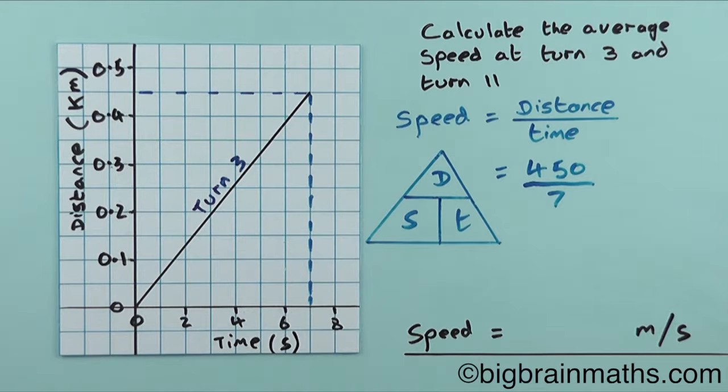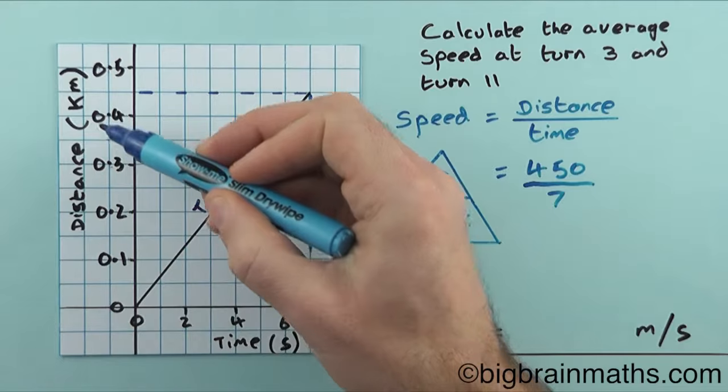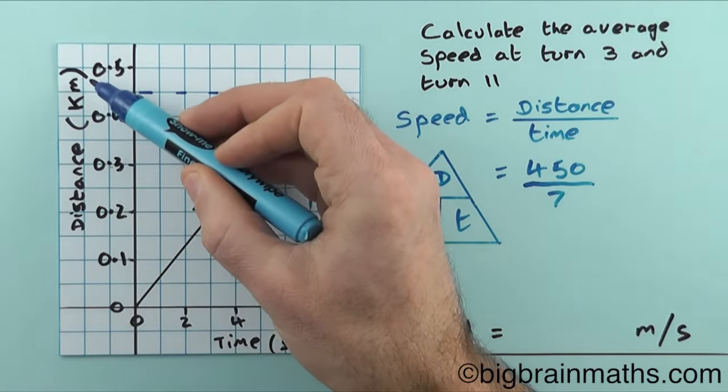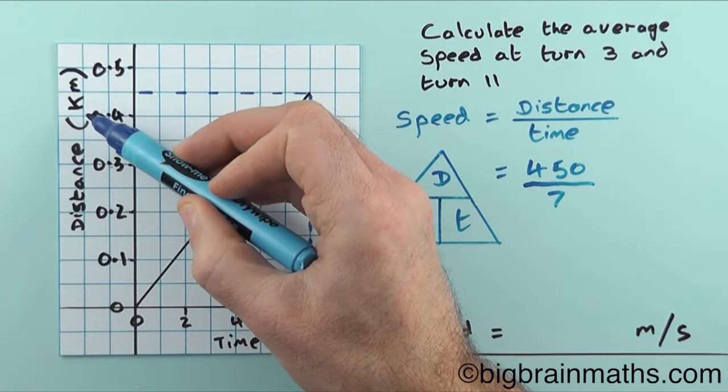Now, in harder questions like this, we need to carefully look at the units that we're given on the axes of the graph. So we can see here that the units for time is in seconds. And that's exactly what we want the units of time to be, because the units of speed is meters per second. But if we look at the units for distance, we can see that the distance is measured in kilometers on the graph.